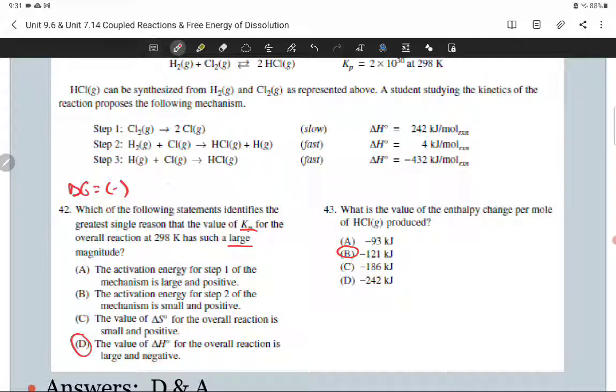It might be, let's see if we can get anything from using this idea. I don't know if we can or not. So if we want delta G to be negative, what do we know here? Up here we have two gases going to two gases.